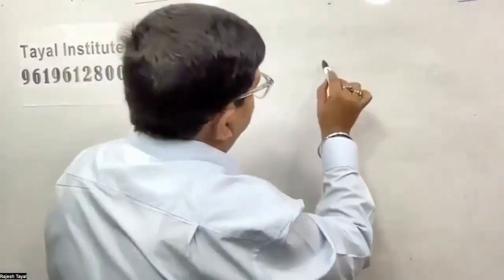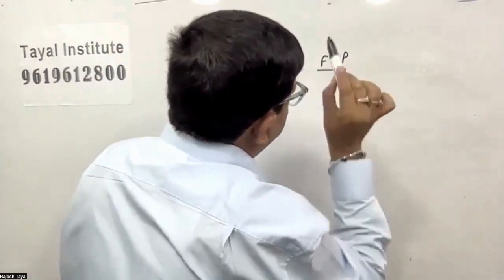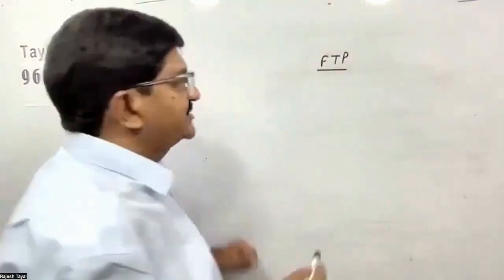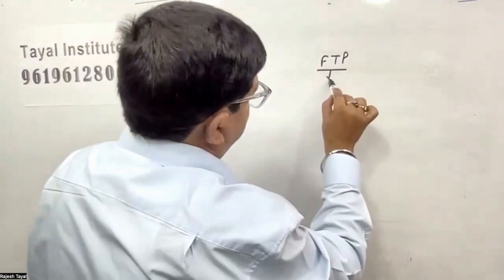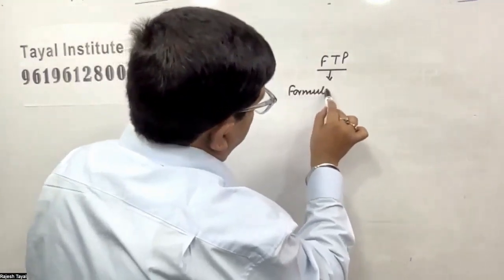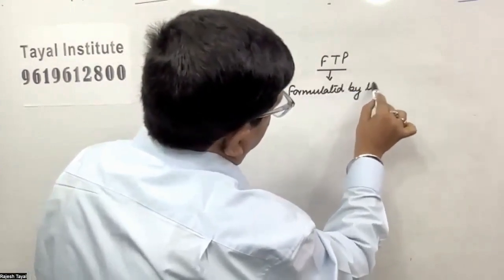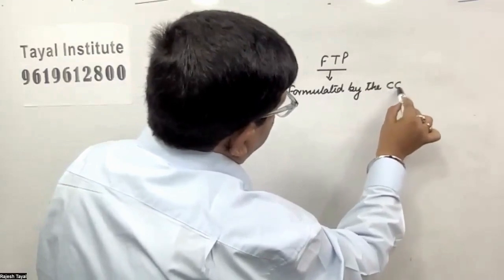Okay, so here I'm just drawing a small chart for you. Foreign trade policy, I'm writing the word FTP. This is formulated by the central government.